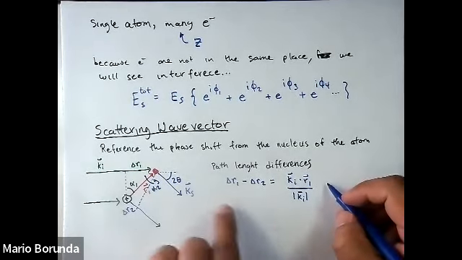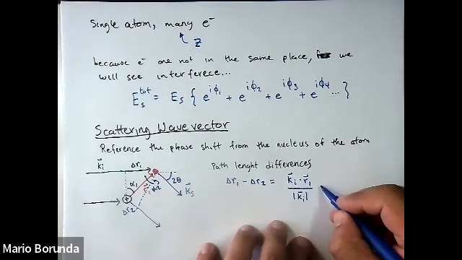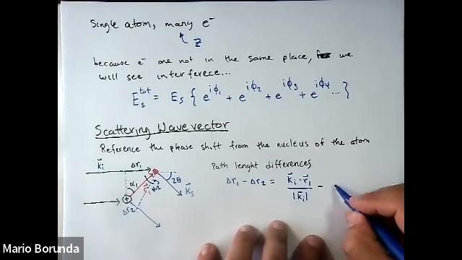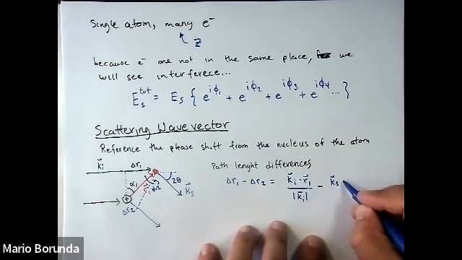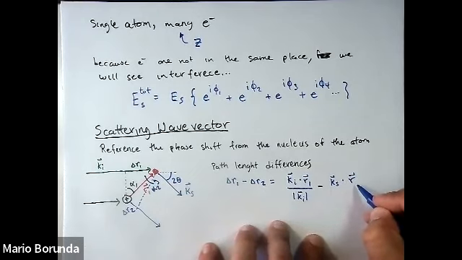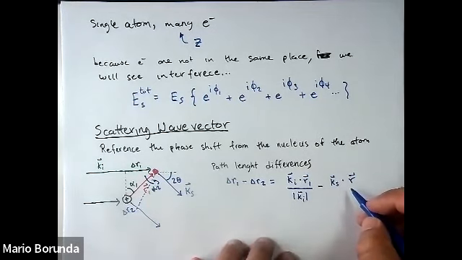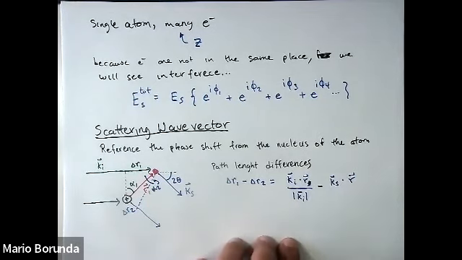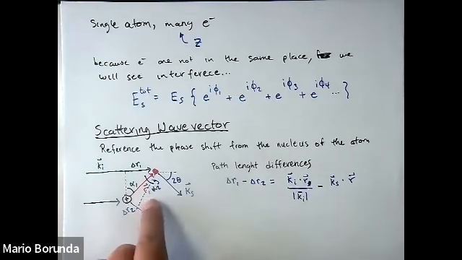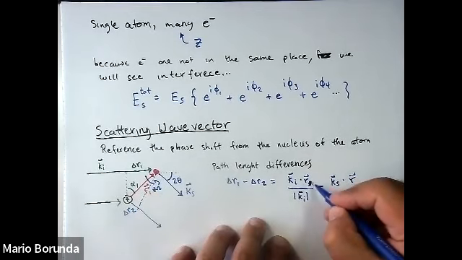And then the other vector is the scatter vector. Here we would have Ks dotted with R, sorry, this is R. Yeah, R1.